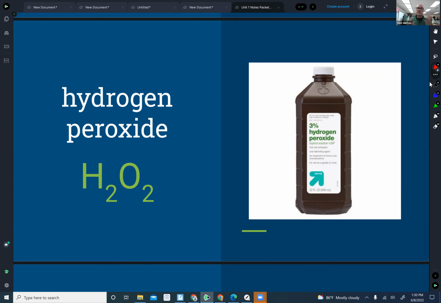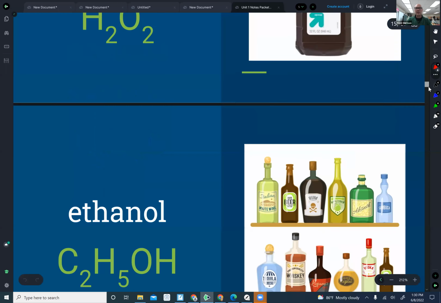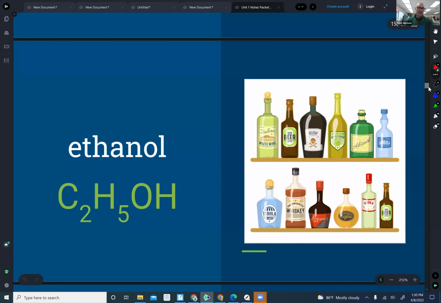It tends to sterilize, kill some of the bacteria whenever it's a surface wound. If it's serious, we go into some of the higher grade antibacterial materials. Ethanol. This is your adult beverages. It is the key ingredient in all of your adult beverages.